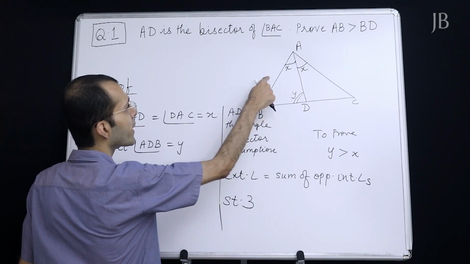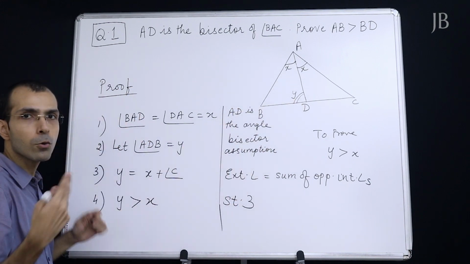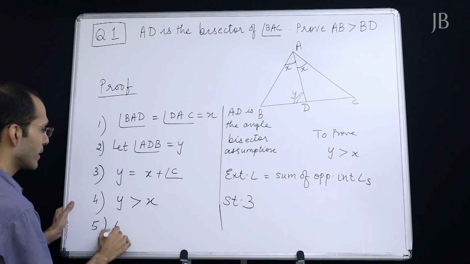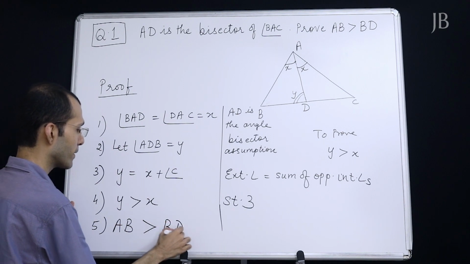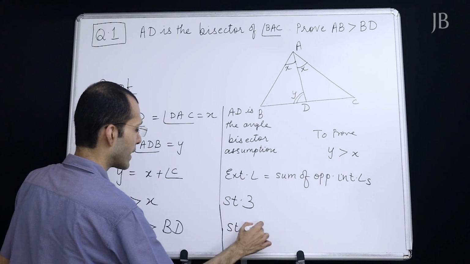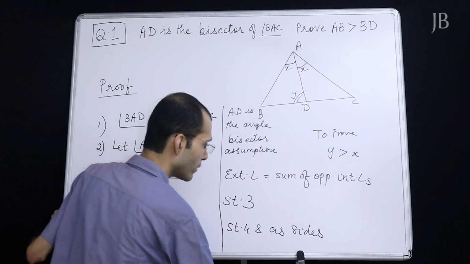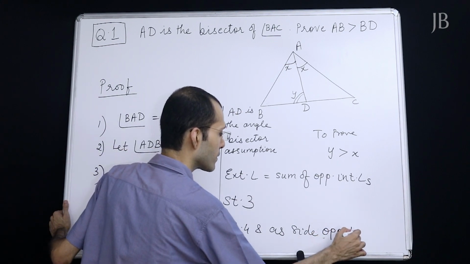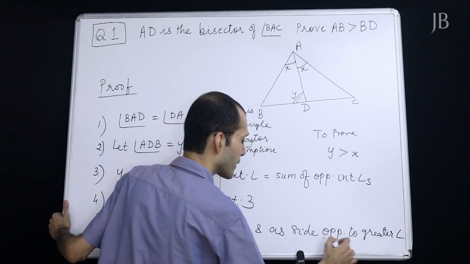What is opposite to Y? AB. What is opposite to X? BD. Who is greater? We just now proved Y is greater. So this will imply AB greater than BD. And the reason will be statement 4, and as side opposite to greater angle is greater.